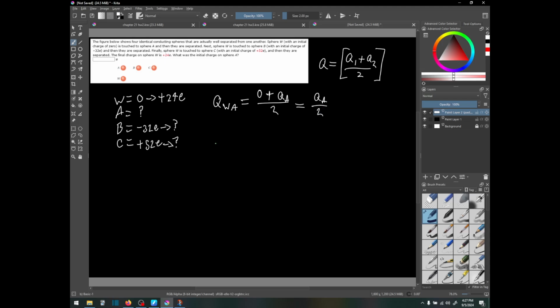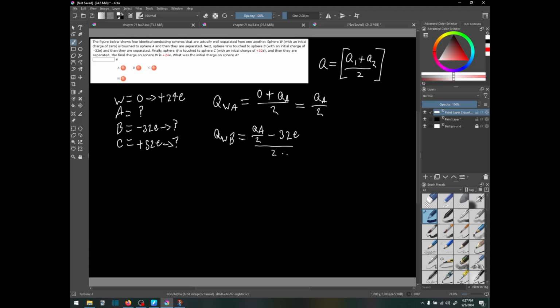Moving on, it says that they're separated and QW is now touching sphere B. Now we can do WB. And this is going to be equal to QA over 2, which is what W is right now, plus B, which is going to be negative 32E, and this whole thing is over 2.